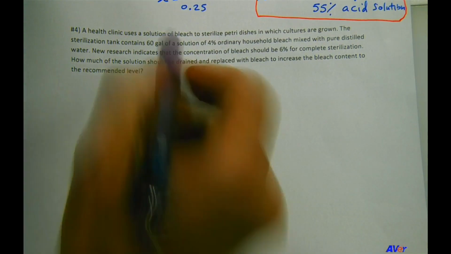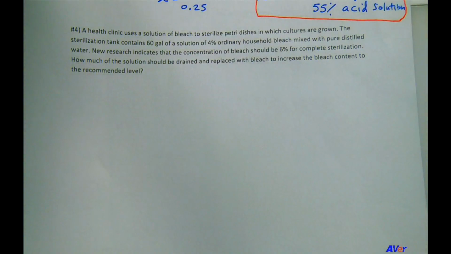So a solution of bleach, by the way, that means it's not entirely bleach, right? They don't use pure bleach, which would have 100% concentration. They're using a solution of bleach. So they've diluted the bleach with some amount of water. Solution of bleach means it's been diluted with water.